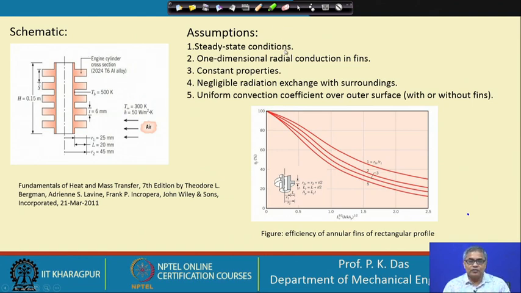What assumptions can we make? Steady state condition. Let me tell you, all the heat exchanger analysis we are going to do in this course is steady state. Transient phenomena in a heat exchanger are also very important.